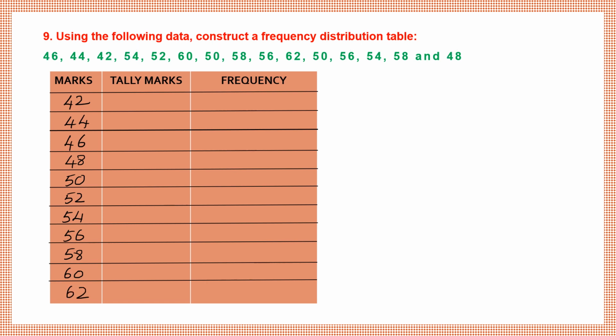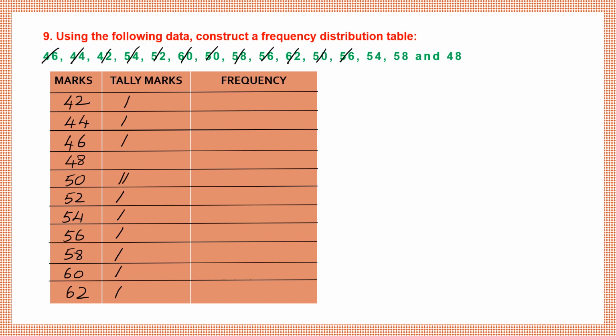Now let's begin with the tally marks. So 46, 1, 44 also gets 1, 42 is 1, then 54, look for 54 and put the tally mark, 52, 60, go slow and carefully, 50, 58, tally mark for 58, 56, then 62 gets a tally mark, 50 already has 1, I'm going to put one more.